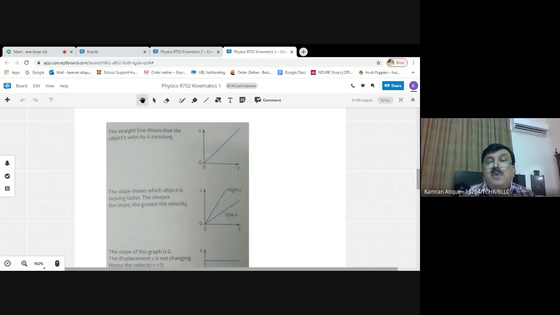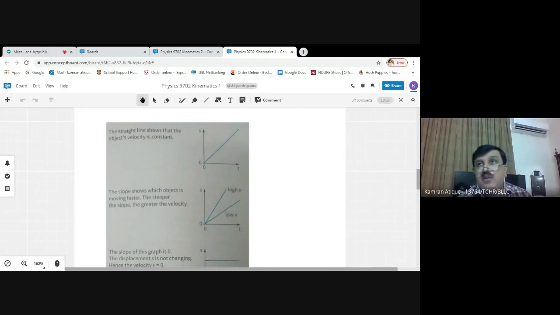At the present moment, you can also say that the gradient of the graph of B is steeper. Yes, sir. The slope of the graph is steeper, the slope is larger. So that's why this particular object must be moving with a higher speed.